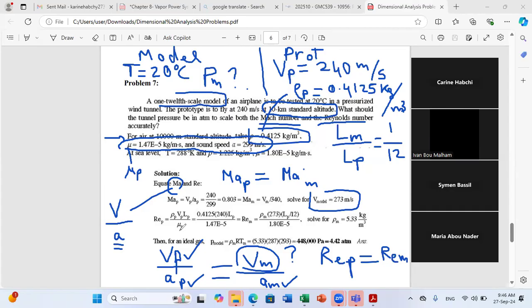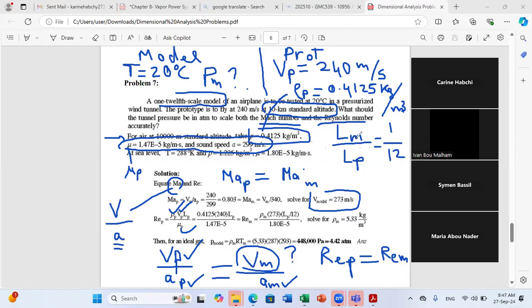As you know, we have the value of rho p, the value of Vp, and the value of mu p. We don't have Lp, but we have a relation between L model and Lp.